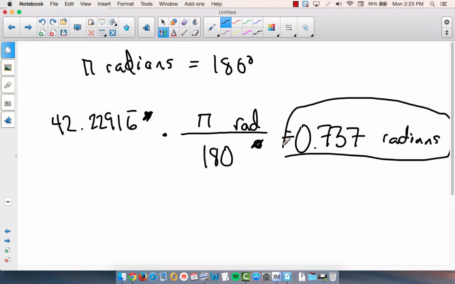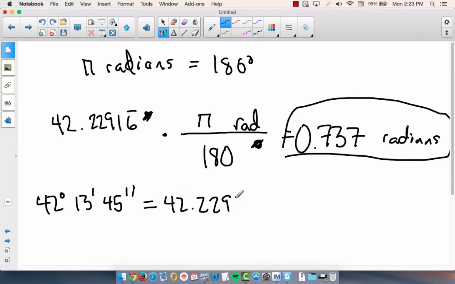Okay, so taking a look at this whole thing, we had 42 degrees, 13 minutes, and 45 seconds. That is the same as 42.22916 repeating degrees, and that's approximately equal to, because we rounded here, 0.737 radians.